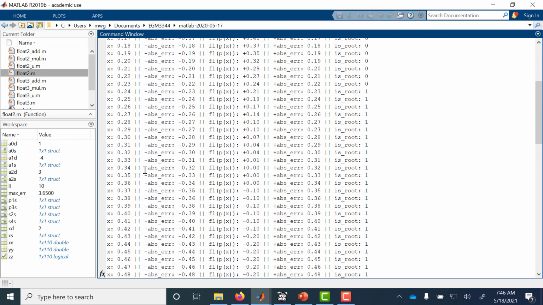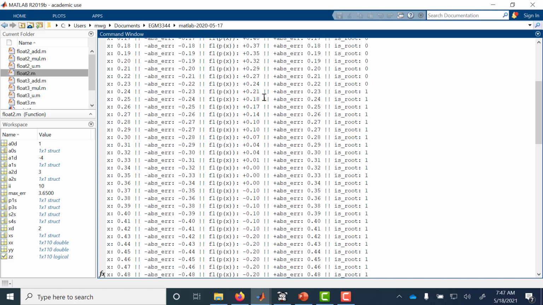I'm going to go back to 0.33. So 1/3 right in here, we know that 0.333 or 1/3 is a root. You can't really represent that in this system. But right in here, there's a whole bunch of points that actually show up as 0. These are all showing as root.